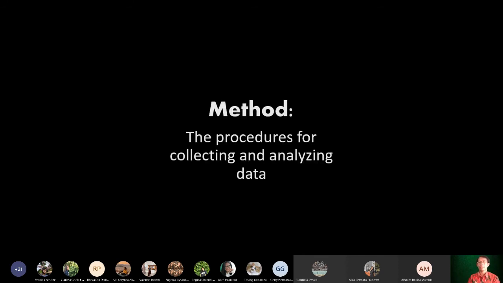Now the method is, of course, something you know from Pak Patrice's class. A method is the procedures for collecting data and analyzing it.